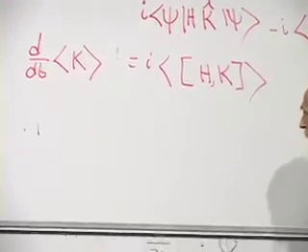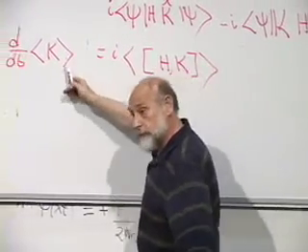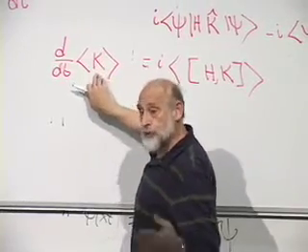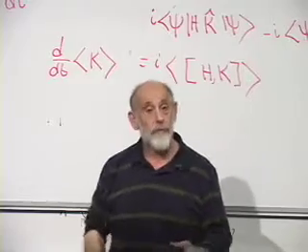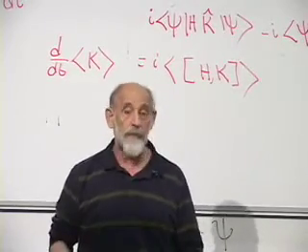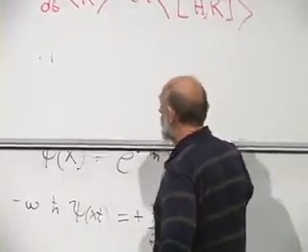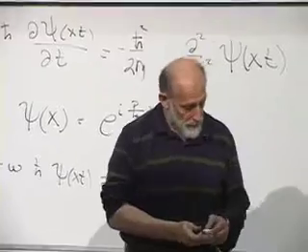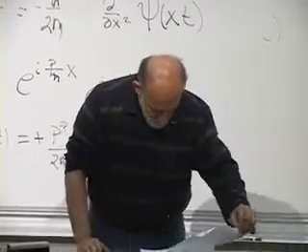For example, we could apply this to the position operator, x itself, and find out how the average position of a particle changes with time. We could apply it to the momentum and find out how the average momentum of a particle changes with time. So let's put this upstairs and keep it for future reference while we do a couple of other simple things.